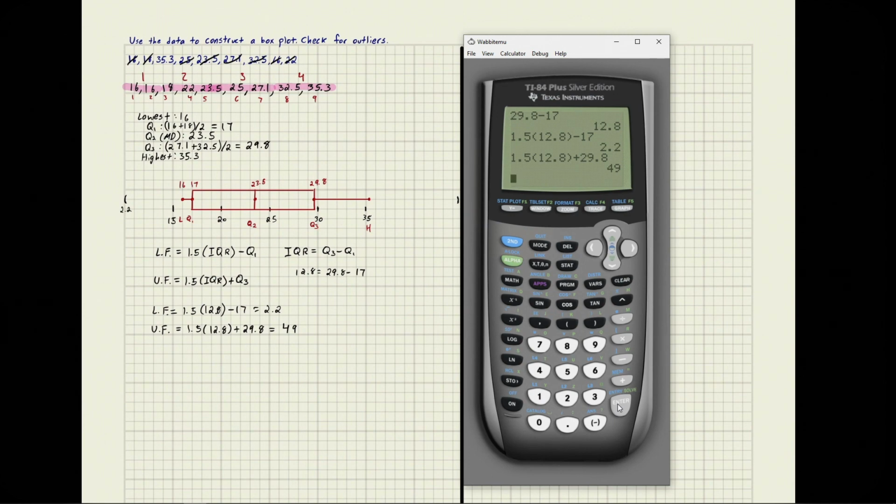So if one range is really compressed, if the box looked like this, and then all of a sudden it was really long, this would tell us that our data gets really spread out for some reason after the median, but it's not very spread out near the median. The numbers are close together right below the median.